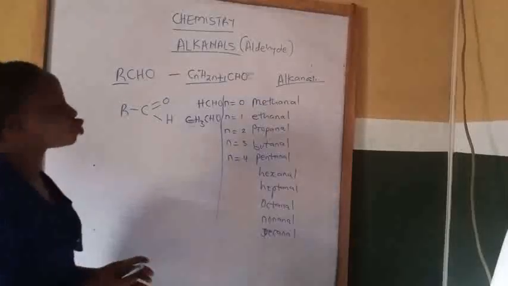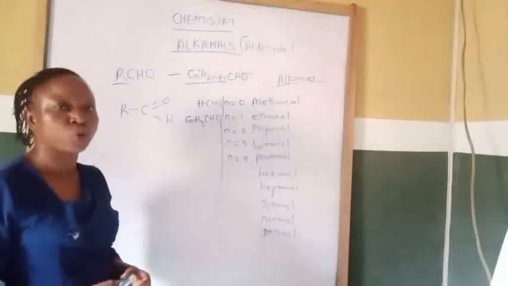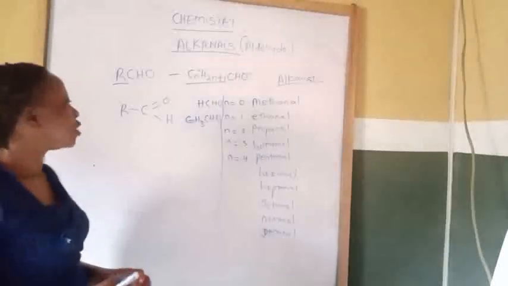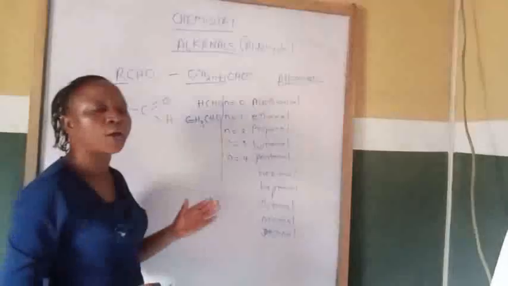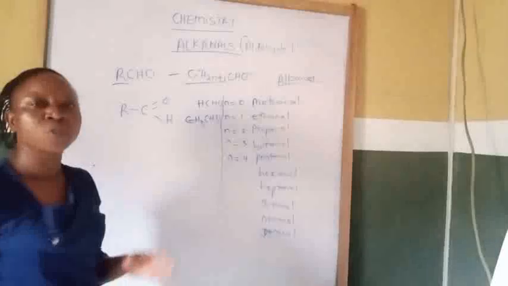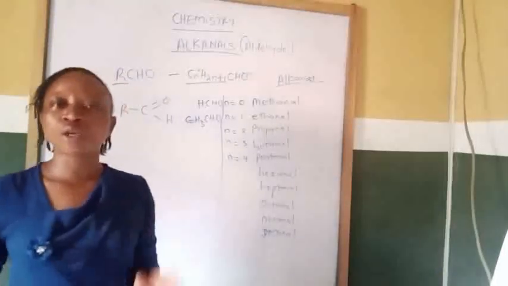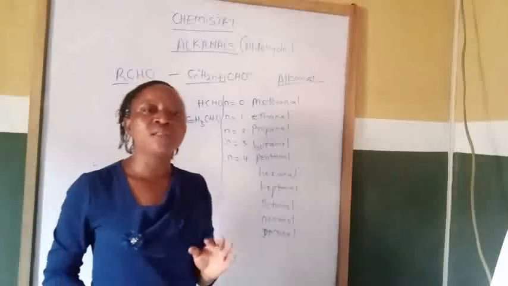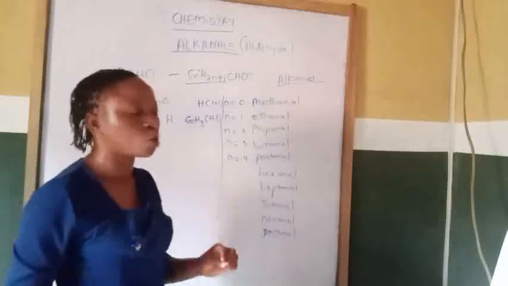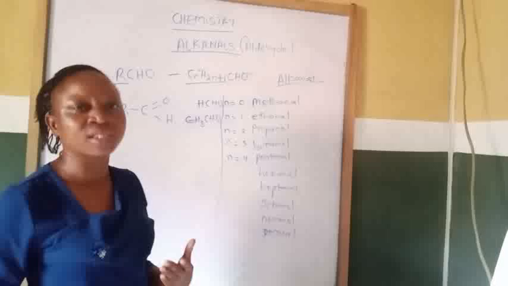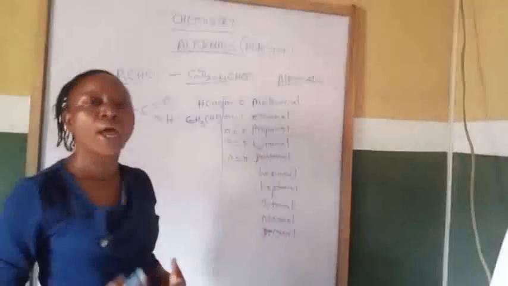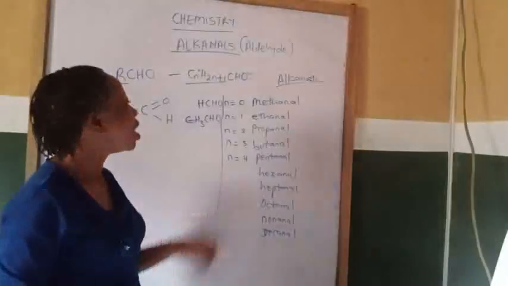It is also possible to have a substituent. Don't forget that under IUPAC nomenclature, your substituent can be an alkyl, an atom, or a group of atoms. To learn more about that, check one of my videos on IUPAC nomenclature of alkanal.